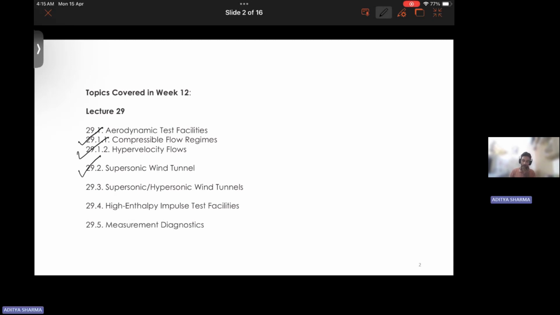we moved on to high enthalpy impulse test facility. So I have earlier mentioned that this topic remains the thrust of this week's discussions.